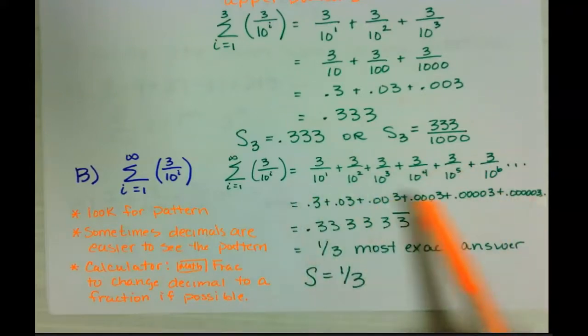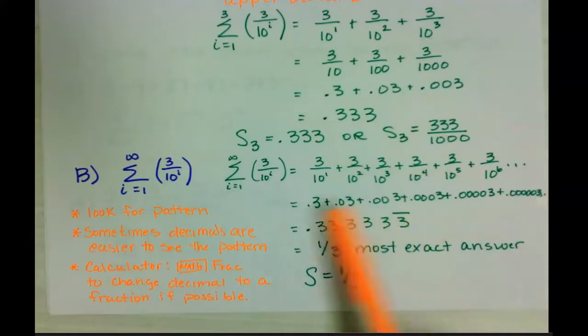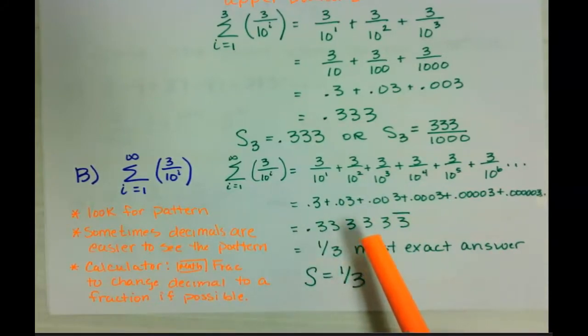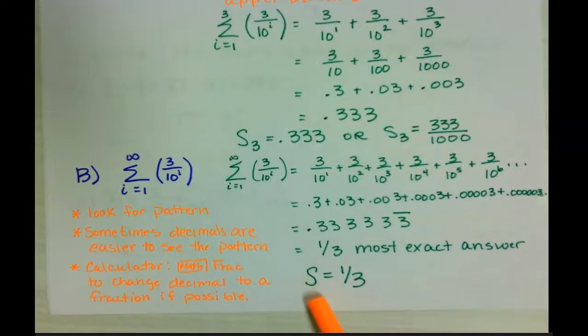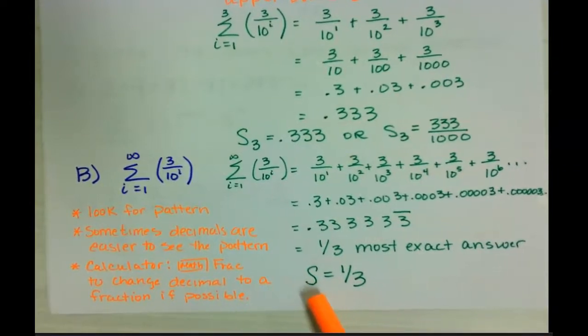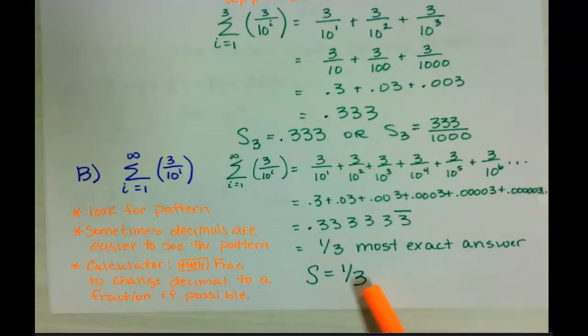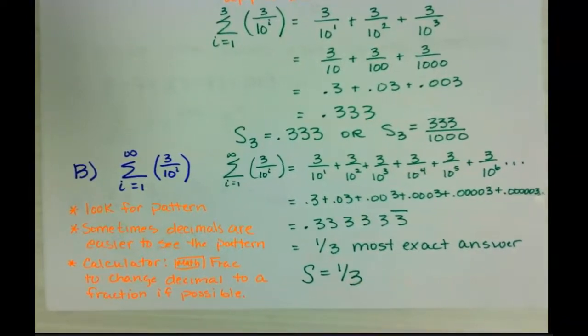If I think about adding all of these numbers up, I get that familiar repeating decimal, 0.33333, which its most exact answer would be 1/3. So we could say the sum, notice no subscript, because we want to see what it is converging toward, what is the whole sum, is about 1/3. So that's the most exact form.